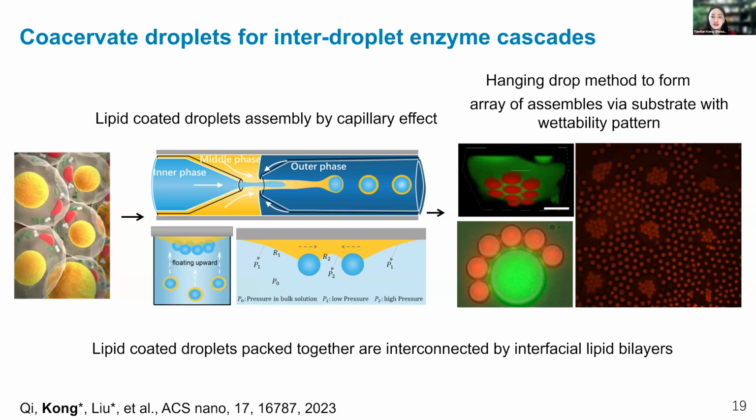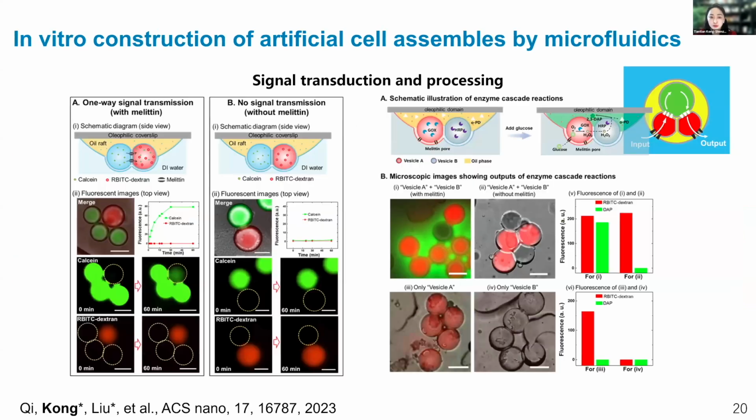have these droplet clusters, and these lipid bilayers connect each of the droplets in the cluster into a larger biomimetic assembly. The key role of this lipid bilayer is to regulate and control what goes in and out of each droplet, much like cell membranes do.